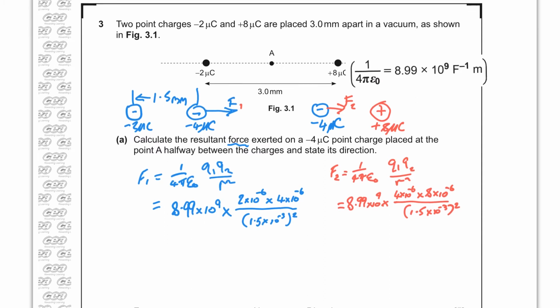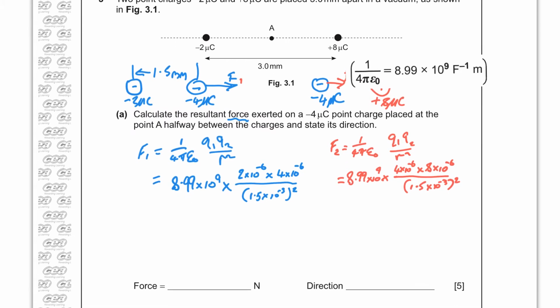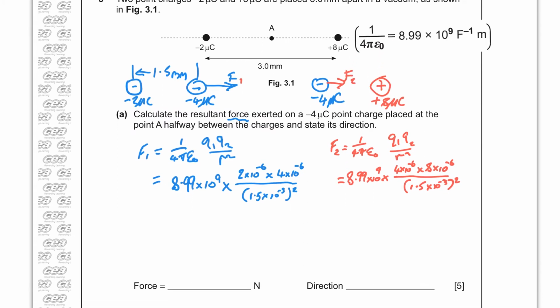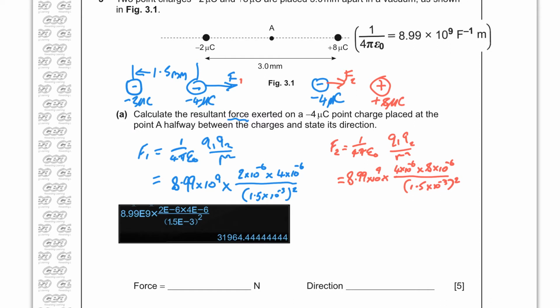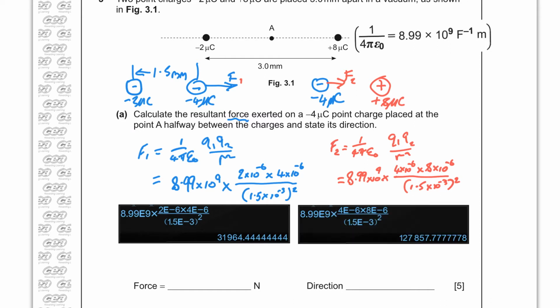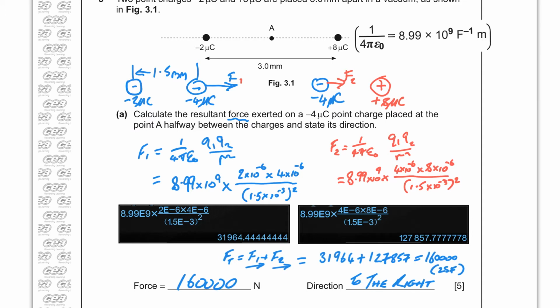Just need to move this up a bit. Gives us that for the first one, that for the second one, so we need to add those. And realizing we should probably only quote that to 2 significant figures because of the values in the question. And the direction is going to be to the right.